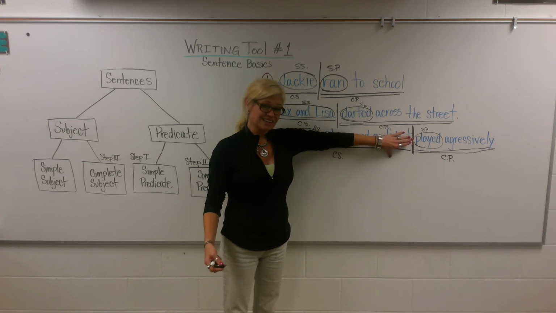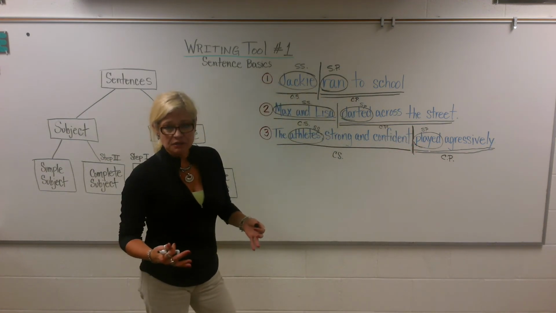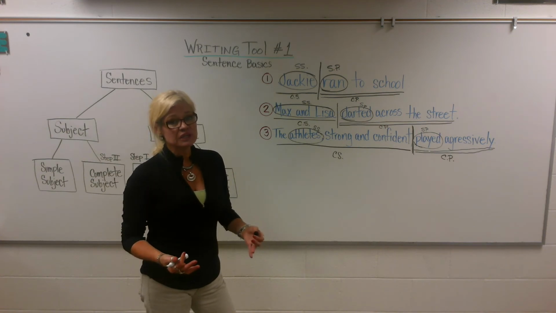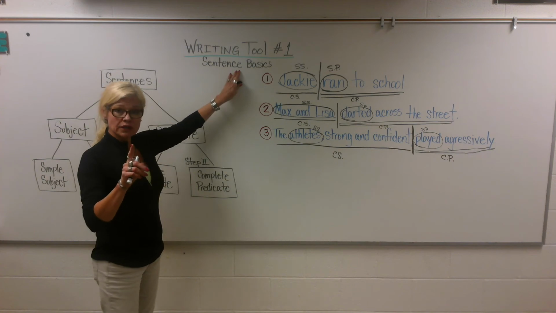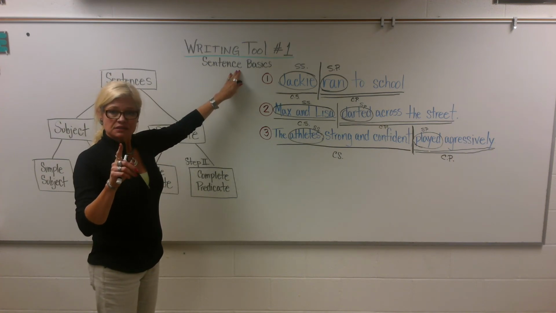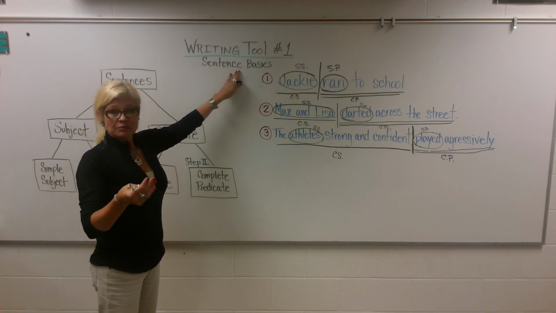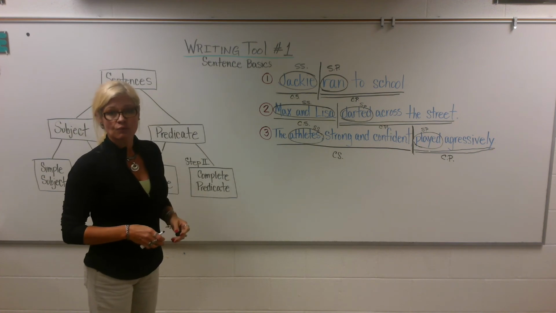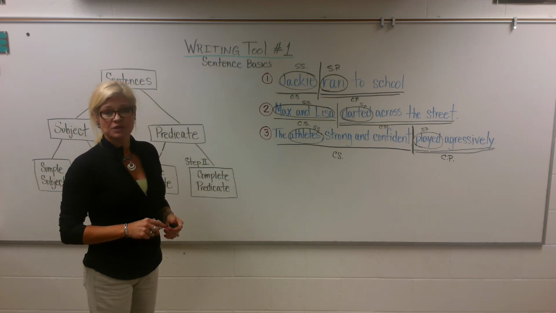So in either case, if either part of these would be missing, it would be what we call a fragment, which is an incomplete thought. So your goal, applying writing tool number 1, is to create a sentence that is a complete thought, and be aware of it in your writing, and be able to identify fragments and complete sentences as you're reading it in text or reading someone else's piece of work.